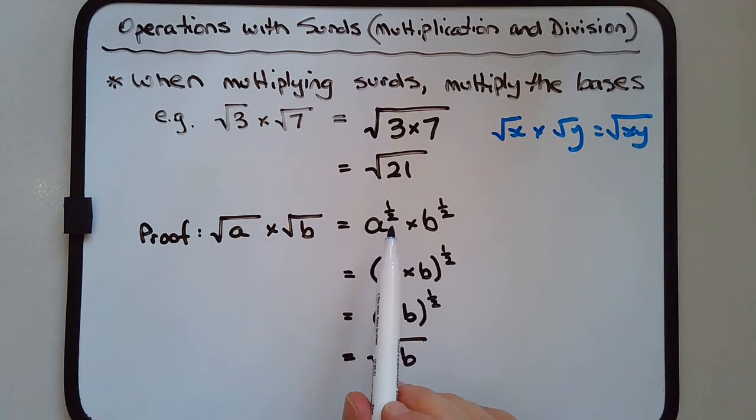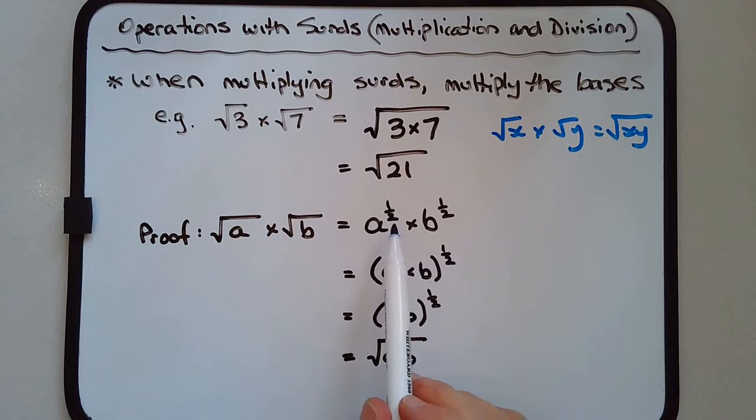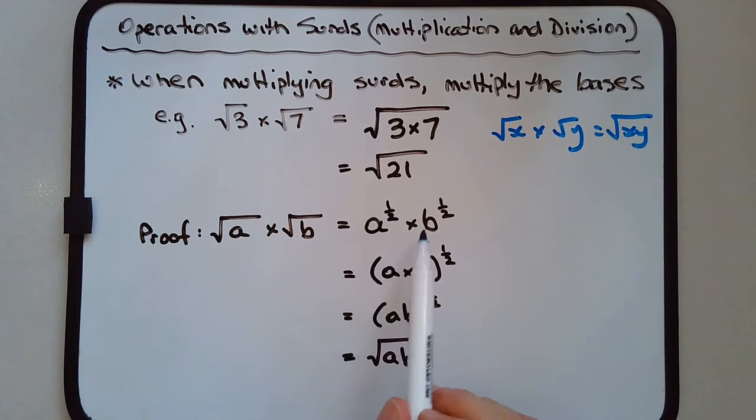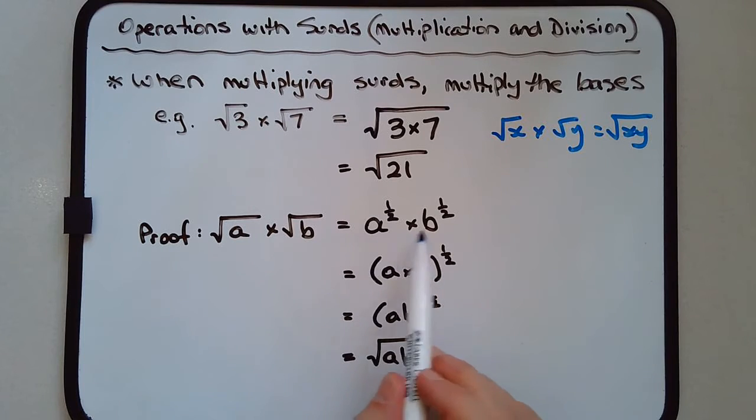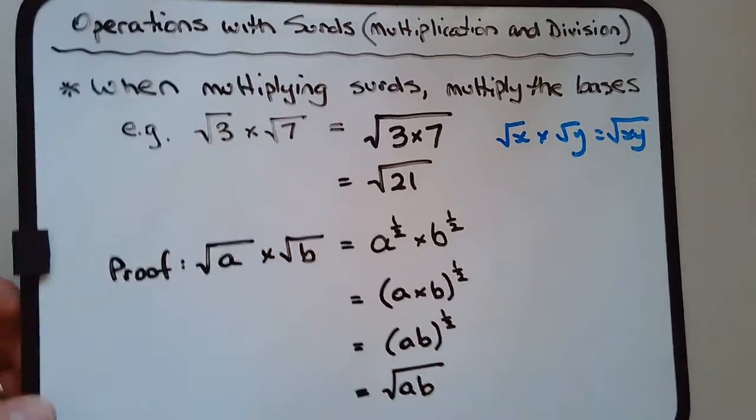It's not quite factorizing, but we can kind of factorize the half out. We can express the product a to the half times b to the half with a single index of half. So the a times b can be put inside brackets. A times b is just ab, to the power of half, which is equal to the square root of ab.